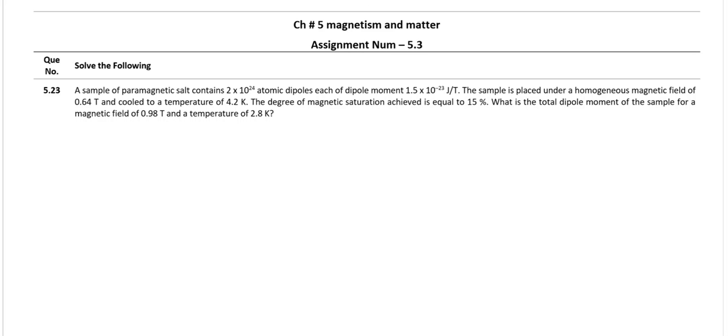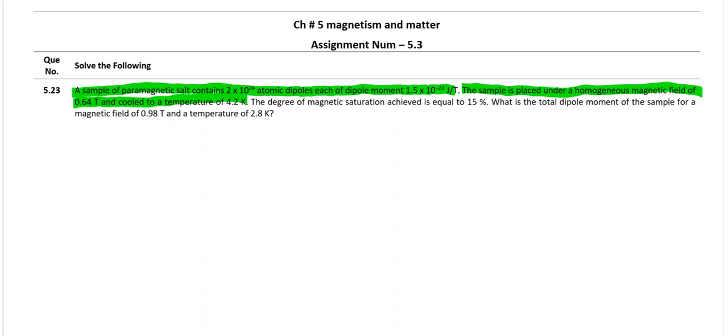The question is, a sample of paramagnetic salt contains 2 × 10^24 atomic dipoles, each of dipole moment 1.5 × 10^-23 joule per Tesla. The sample is placed under a homogeneous magnetic field of 0.64 Tesla and cooled to a temperature of 4.2 Kelvin.